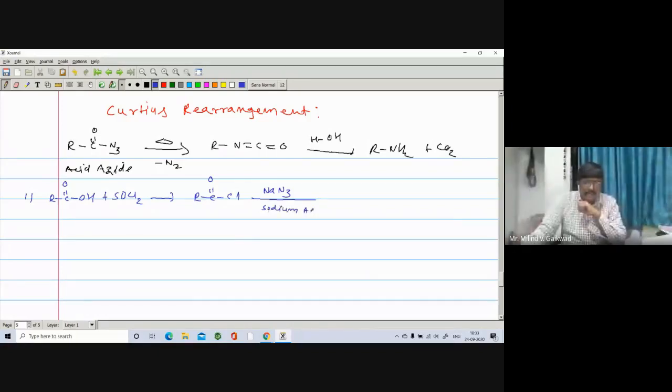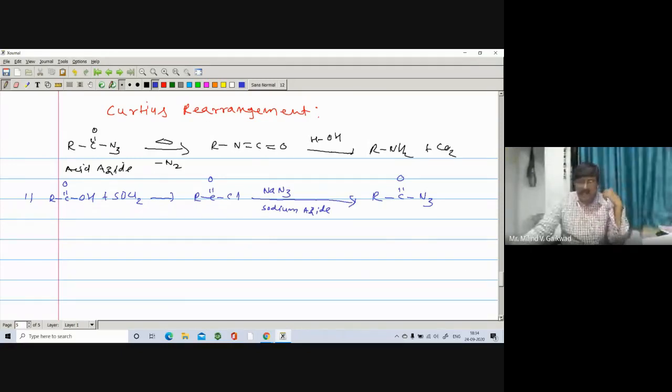Here Na from this, Cl from this, there is a removal of NaCl, and there is a formation of R C double bond O N3. So it is your acid azide. Means starting from acid, we convert into the corresponding acid azide.